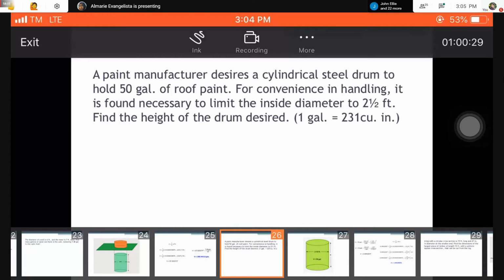So, 1/4 times 3.14 times yung diameter natin, 2 1/2 feet squared, tapos times height, which is unknown. So, 6.68 cubic feet is equal to 1/4 times 3.14 times (5/2) squared feet times height.